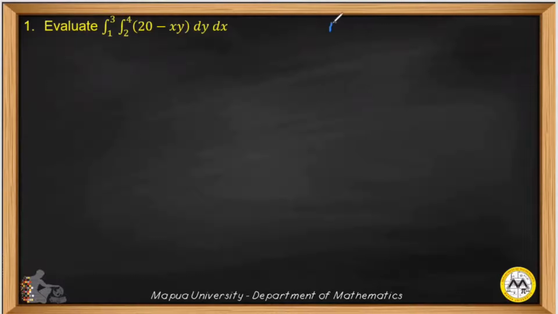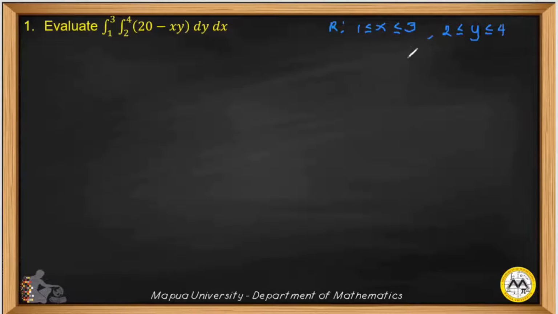Now, here, the region R is the rectangular region where x is greater than or equal to 1, less than or equal to 3, the outer limits of integration, and the inner limits of integration are 2 and 4, so y goes from 2 to 4.